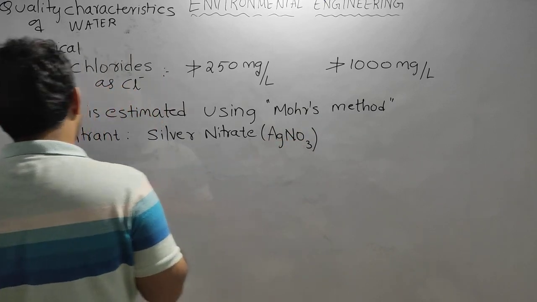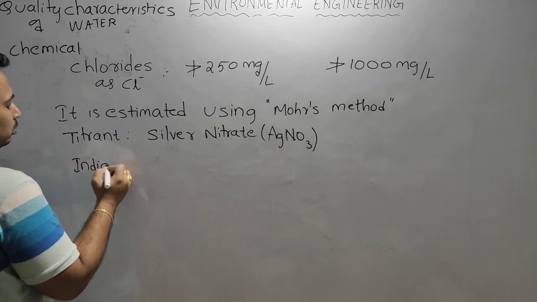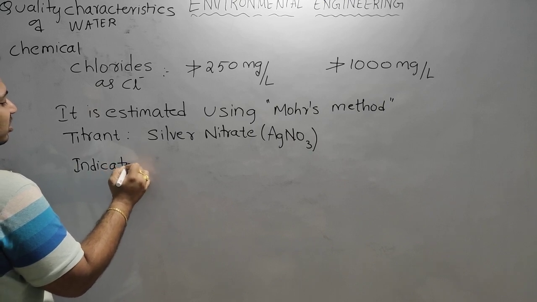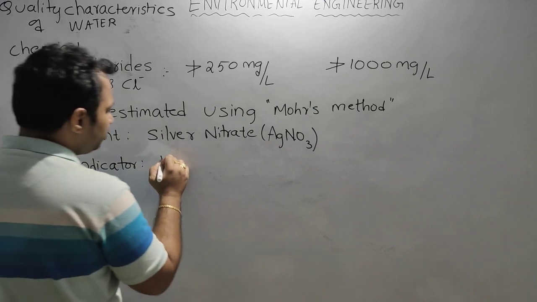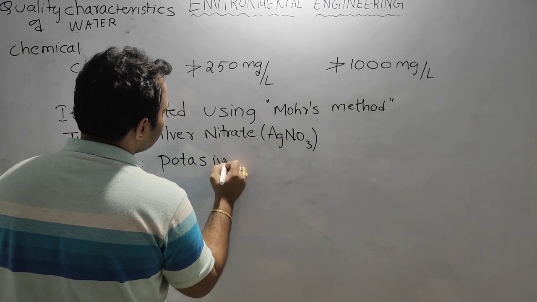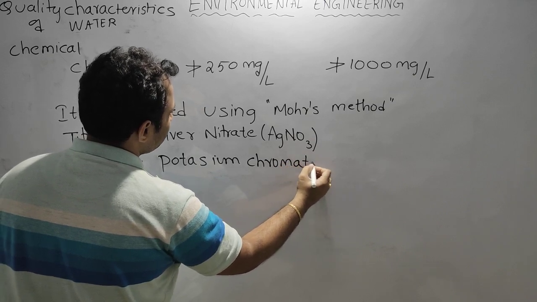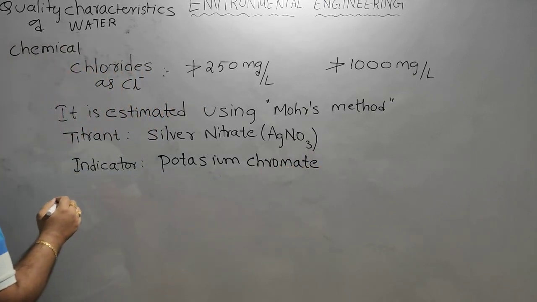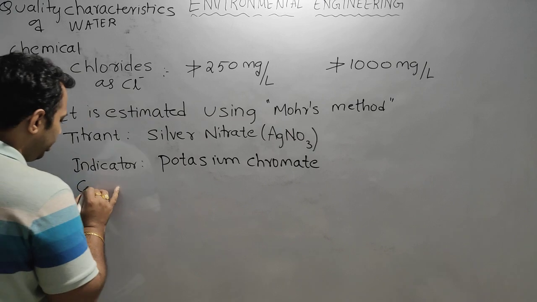Silver nitrate is the titrant, and the indicator is potassium chromate. Potassium chromate is the indicator, and the color change is yellow to brick red.